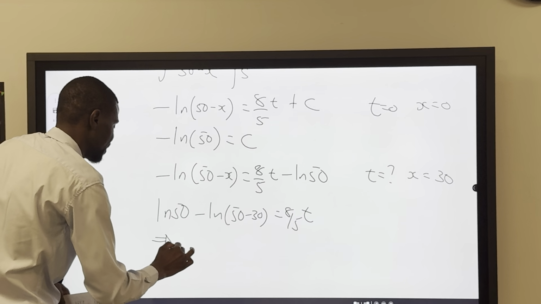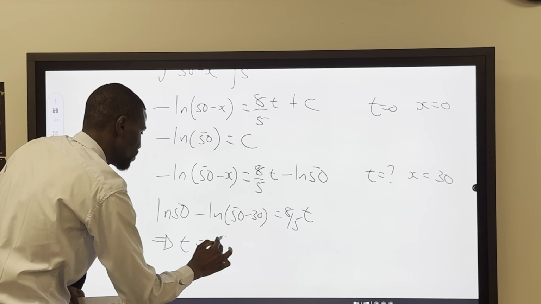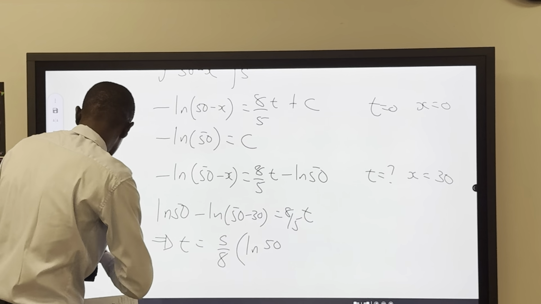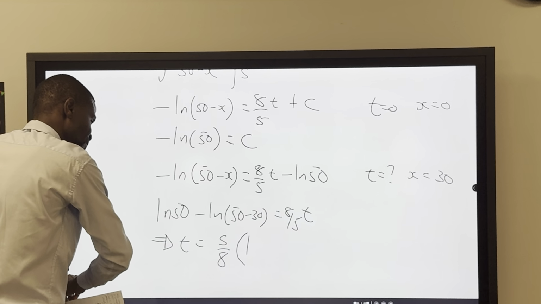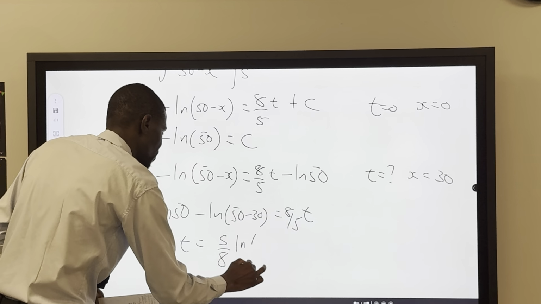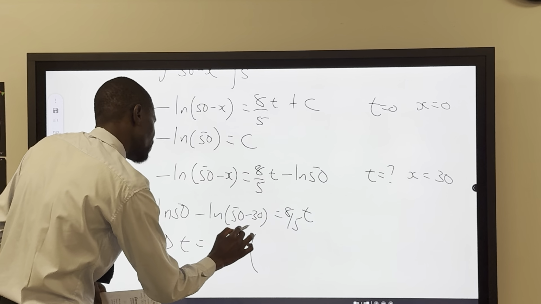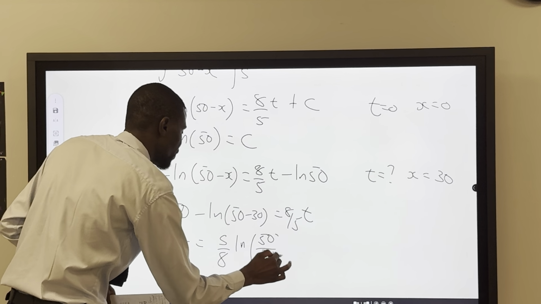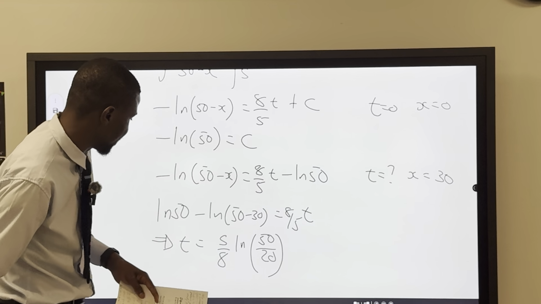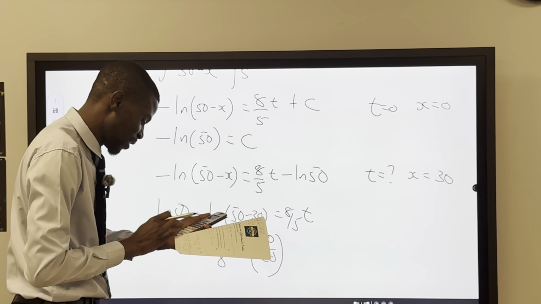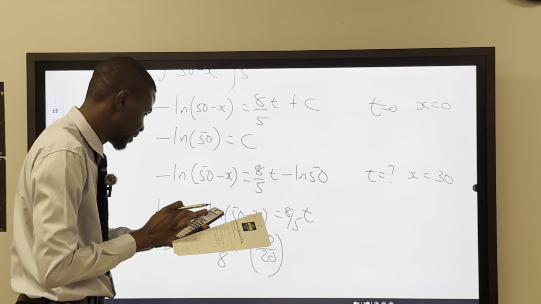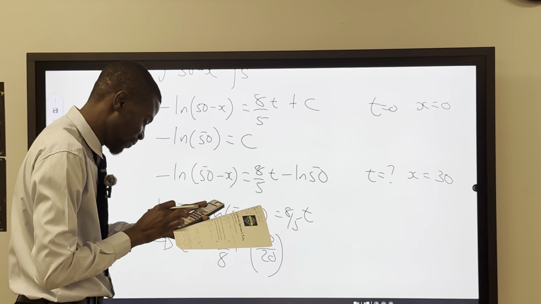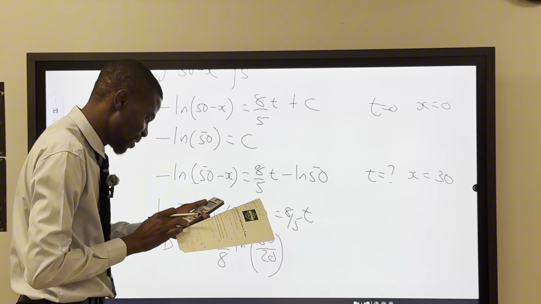This implies that t is equal to 5/8 of the natural log of 50 over 50 minus 30, that's 20. So 50 over 20 or 5 over 2. So it's 5/8 natural log of 5/2.